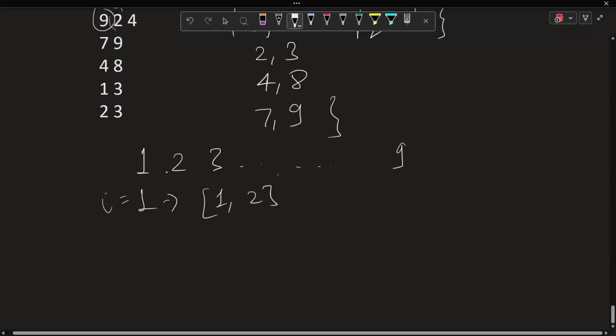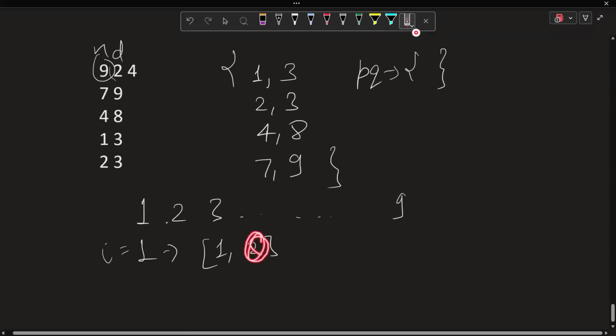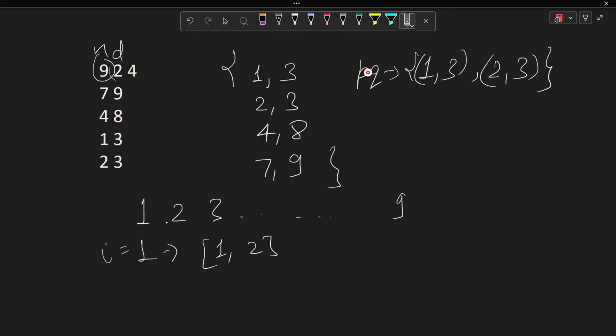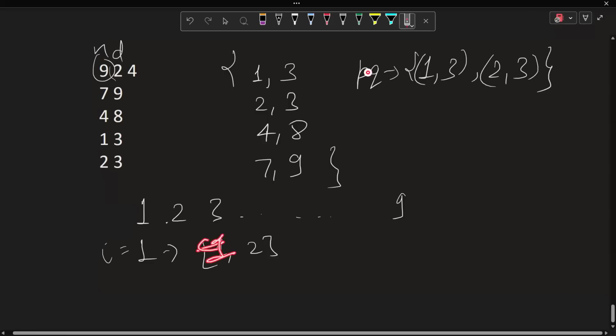Now when I'm entering this first range, all those ranges starting before 2 would be pushed to my priority queue. So this is starting before 2, and this is starting before 2. They would be pushed to my priority queue. So I'll push 1, 3 and 2, 3. And I would remove all those ranges which are before 1, but there are no ranges ending before.